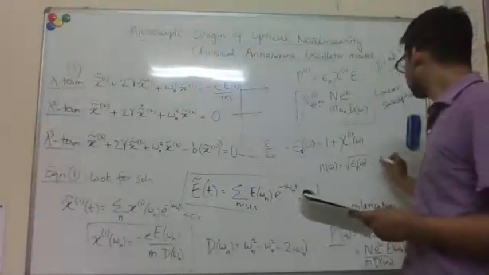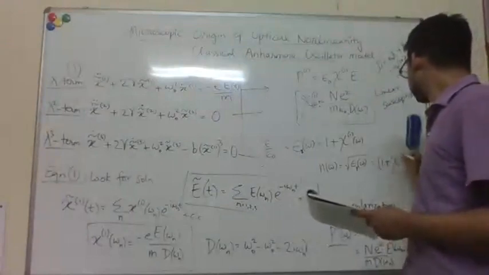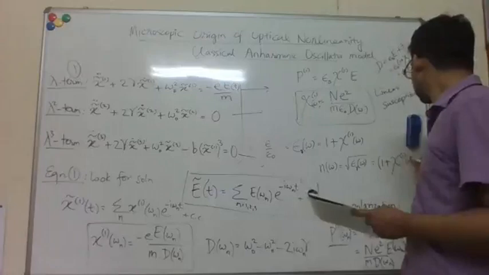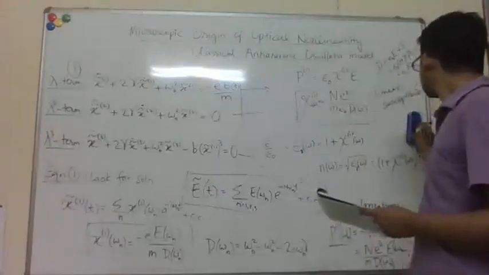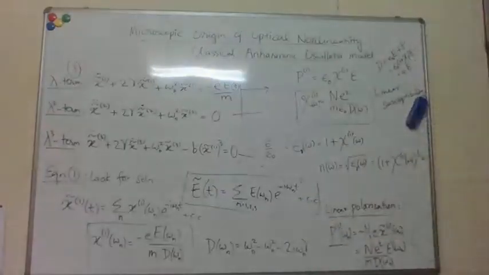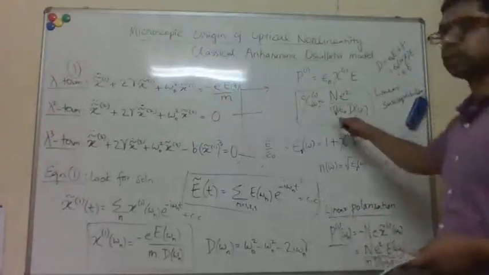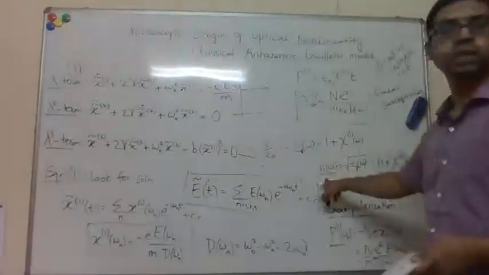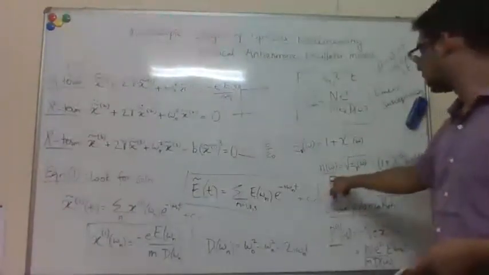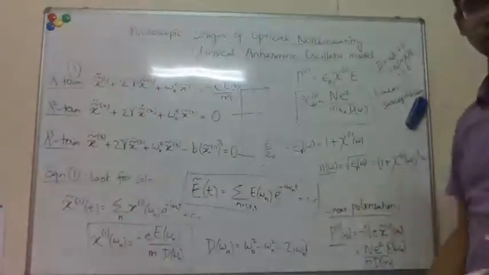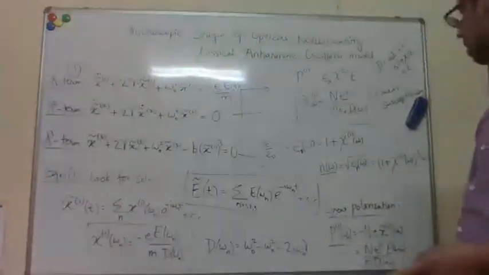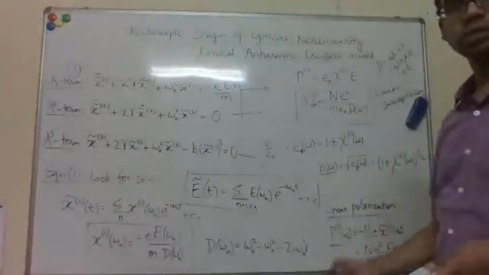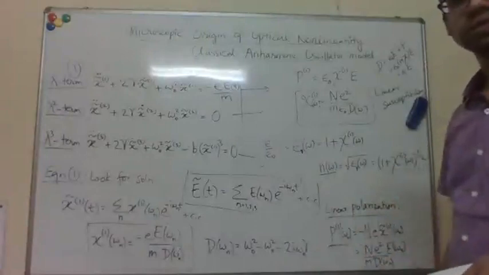Okay, so that's 1 plus chi1. Now if chi1 is a complex number, then it has a real part and an imaginary part, right? The real part gives you the usual refractive index, and the imaginary part gives you absorption.